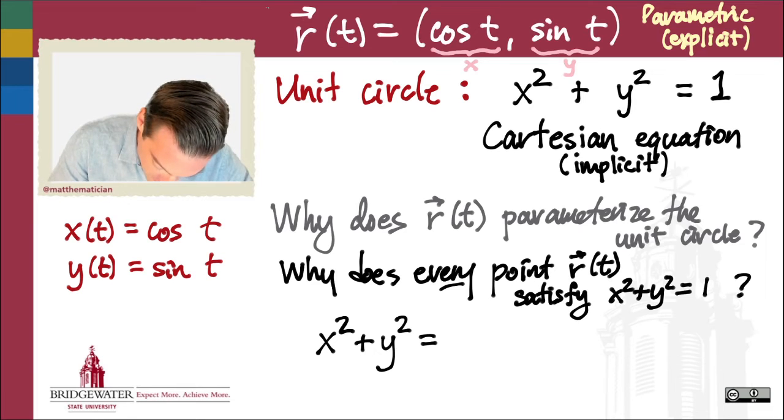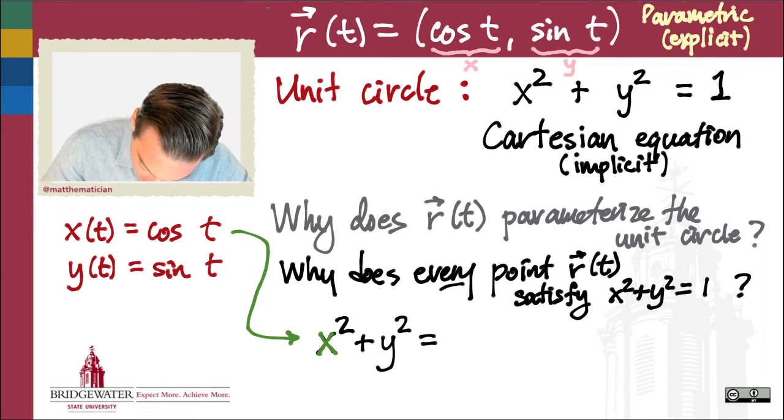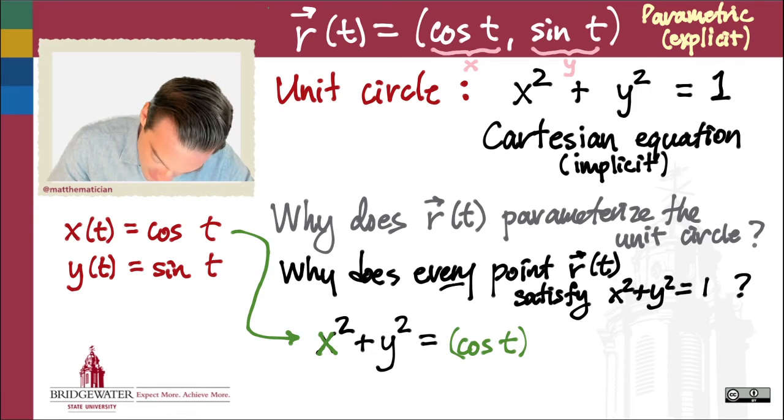But so I would just take, and in place of x, I would put cosine t. And in place of y, I would put sine t.